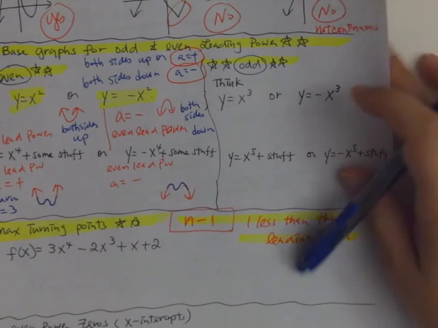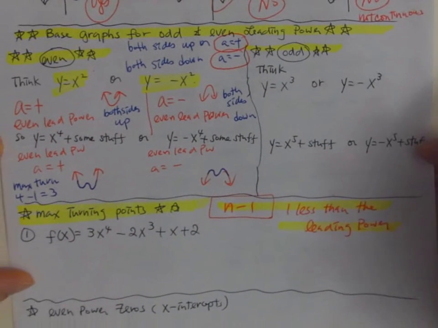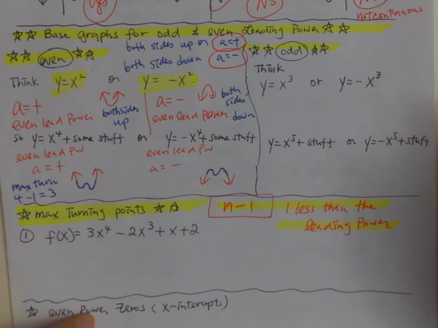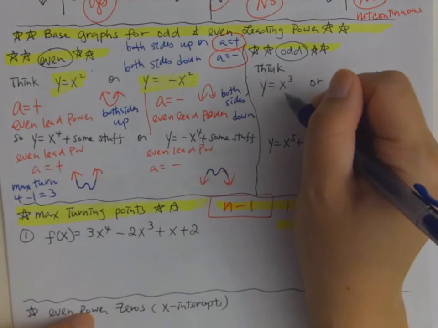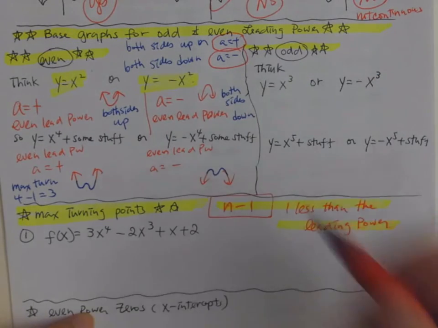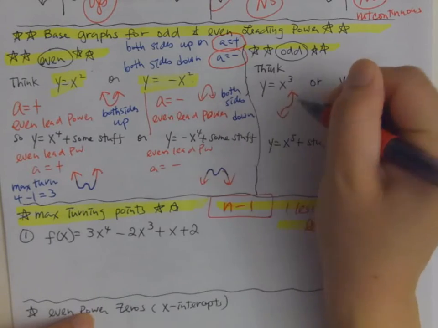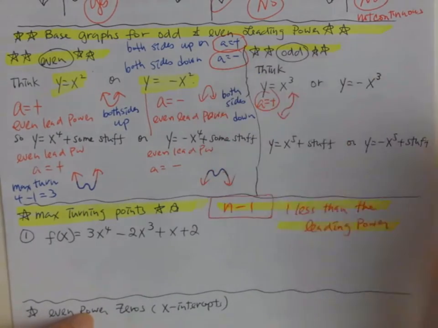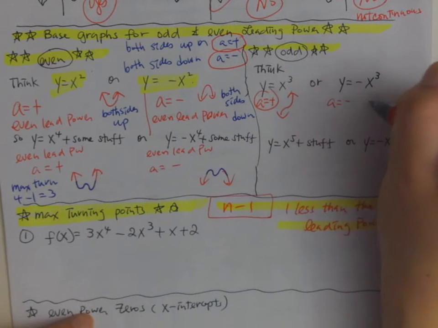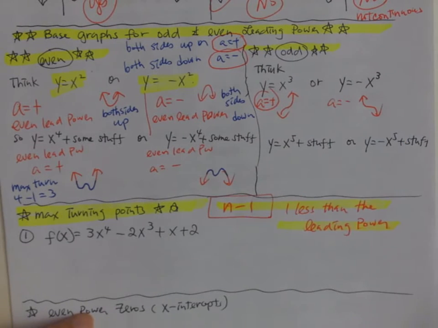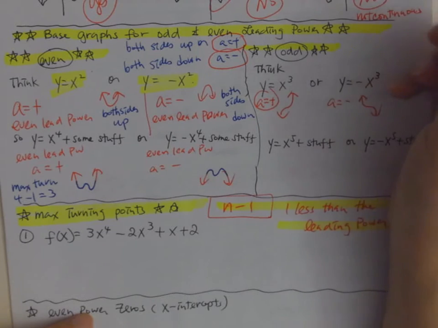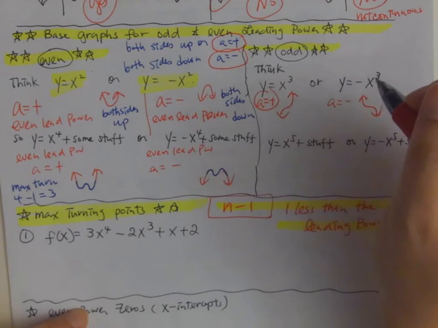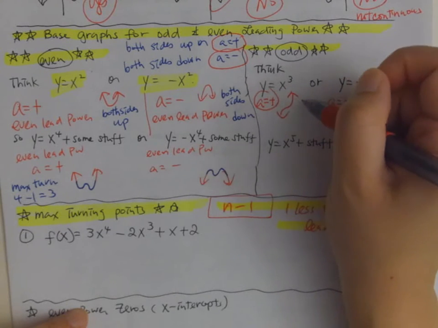So the next one would be the odd leading power. We kind of talked about those also. For the odd leading power, x cubed is going to be the S curve that looks like this, right? This is when A is positive. And if A is negative, then you reflect it, right? So it's going to be flipped to the other side like that. So when you have odd leading power with A positive, it's going to be right side up.